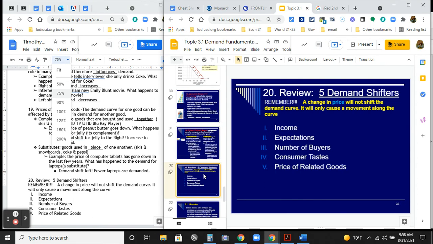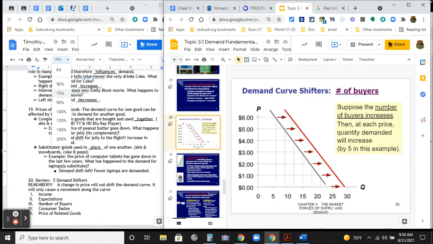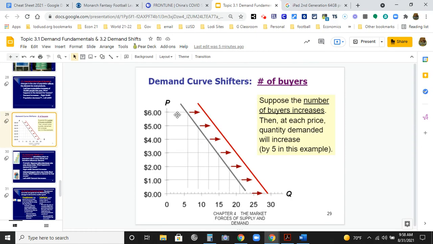All right, let's review real quick. A change in price will not shift the demand curve, it only causes a movement along the curve. So remember, if the price just changes, you stay on the same line.